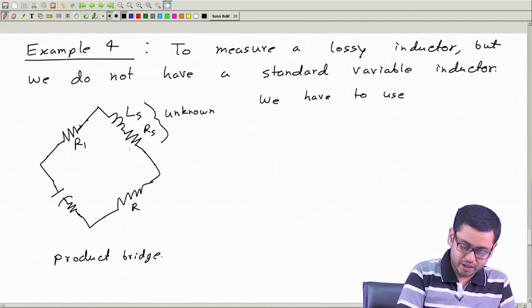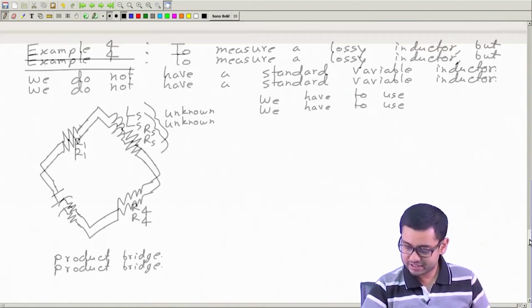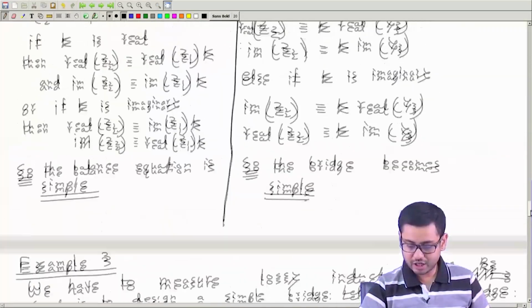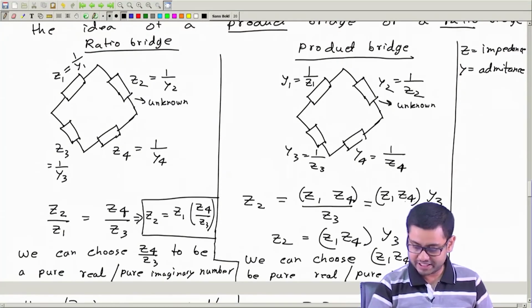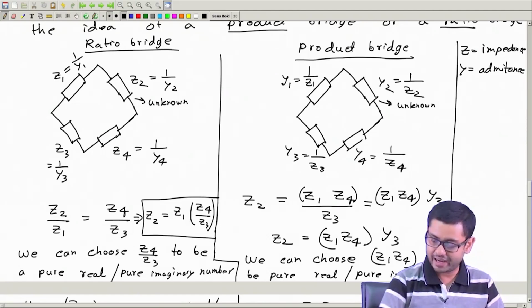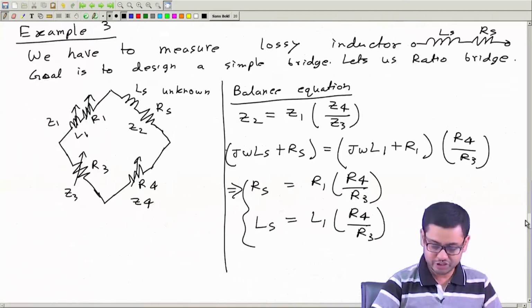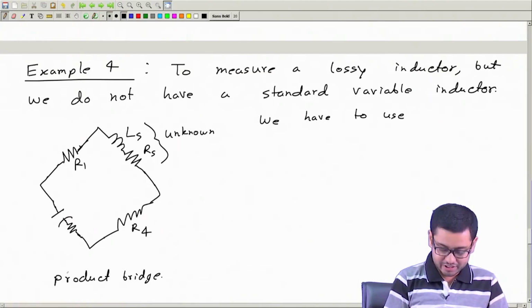Call this R1, 2, 3, R4. So, you see, according to our condition, the sum of 2 opposite arms, we have chosen them to be purely real, these 2 R and R. So, this is going to be a product bridge. That is what we have seen.